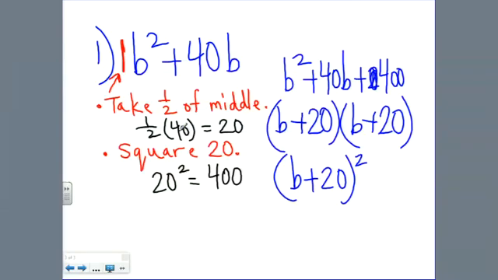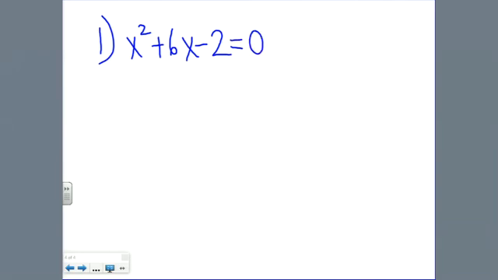All right, let's look at this example. We have the quadratic equation x squared plus 6x minus 2 equal to 0. And we need to solve this quadratic equation by completing the square. By the way, this is still lesson 26 that we're doing.